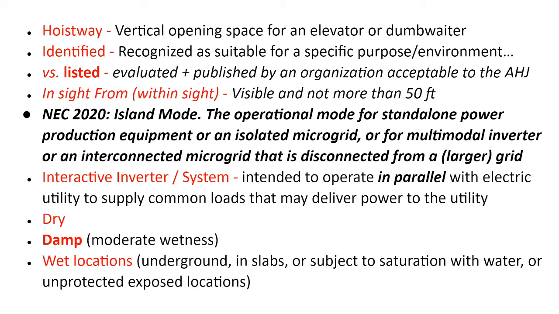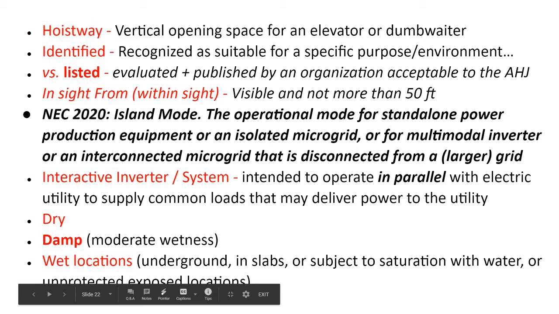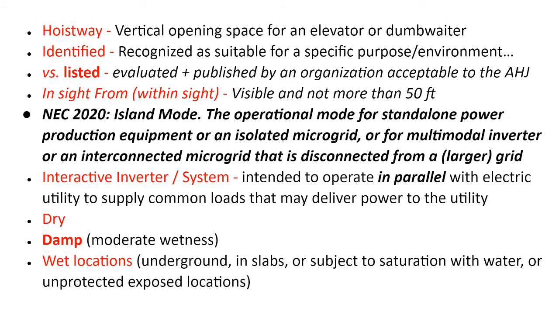Dry, damp versus wet. Damp is the hardest one. Damp is sheltered but still moderately wet, like under a porch or under a carport, protected from rain but still exposed to a lot of moisture. Whereas wet would be underground, slabs saturated with water, or unprotected exposed locations.